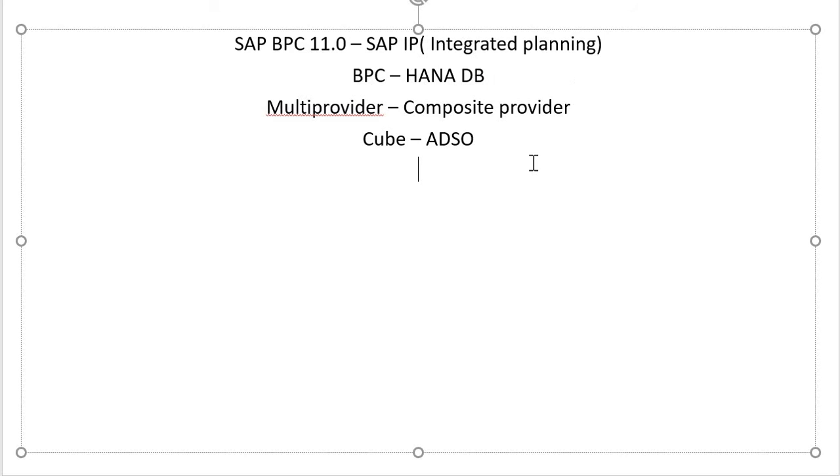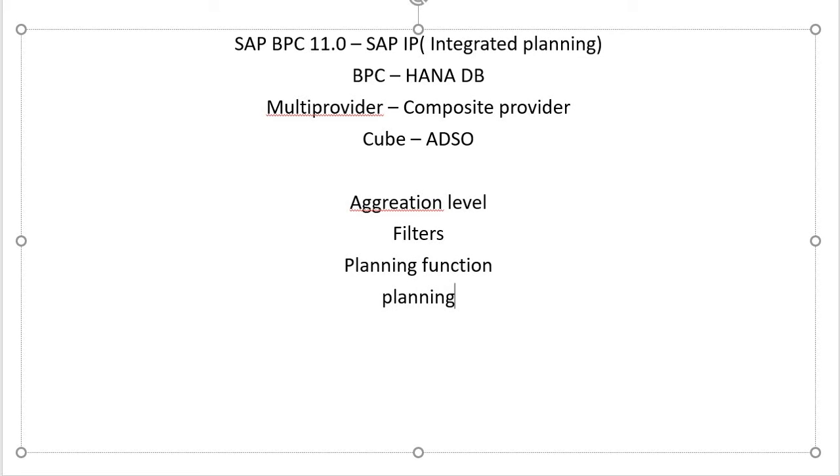The other things are the same, like the aggregation level, then you create filters, then you create the planning function and planning sequence. Those things are the core part. The core technical part is completely the same in the new version and the old version.